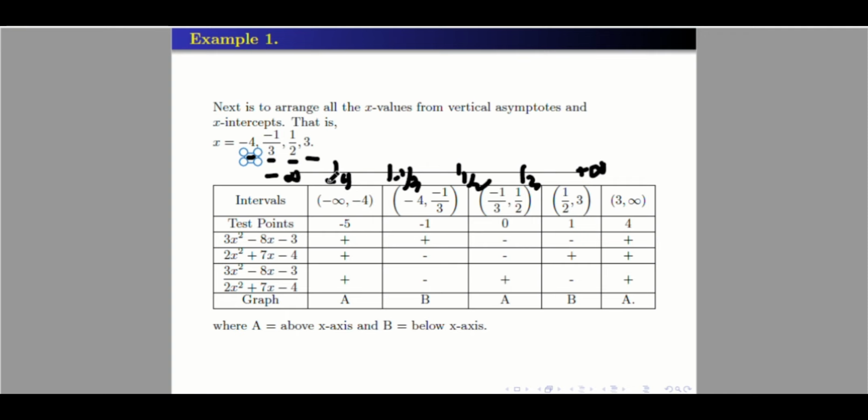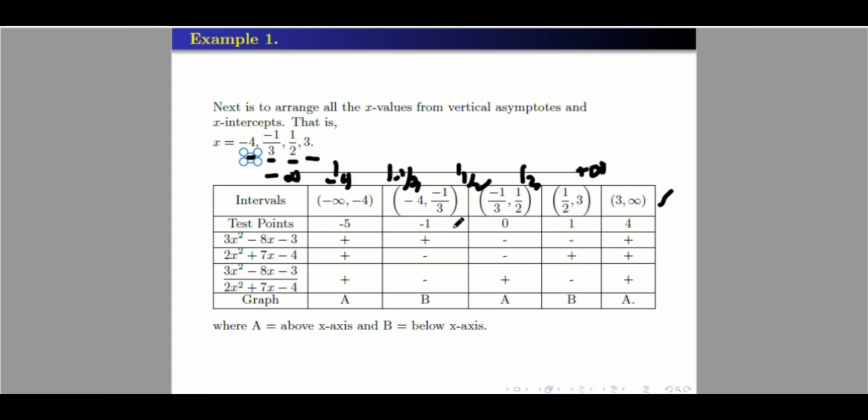So therefore we have these 5 intervals: from -infinity to -4, -4 to -1/3, -1/3 to 1/2, 1/2 to 3, and 3 to positive infinity. Again, we'll have test points. The same thing, give a representative of these intervals, only 1 point.